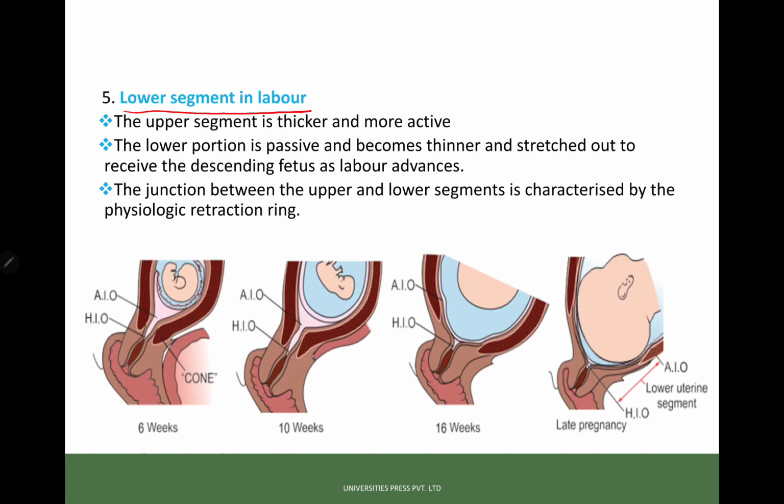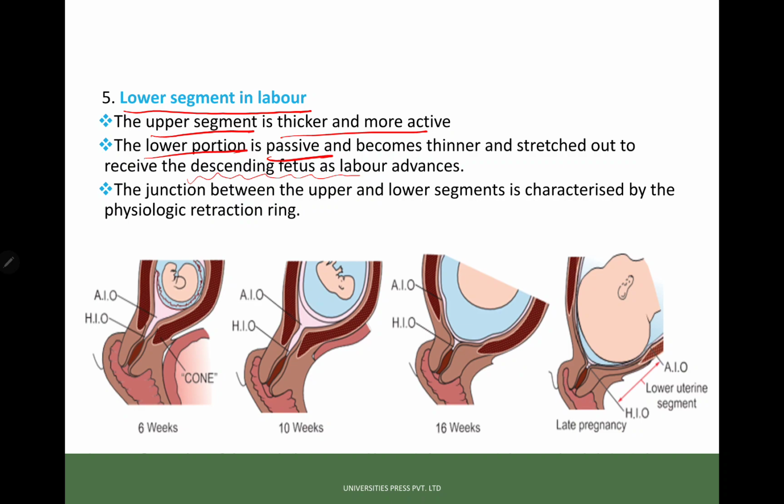So coming to the lower segment in labor, the upper segment is thicker and more active. The upper portion will be active, the lower portion will be very passive; this is general common sense. Why? Because there must be an easiness for the fetal head to descend.